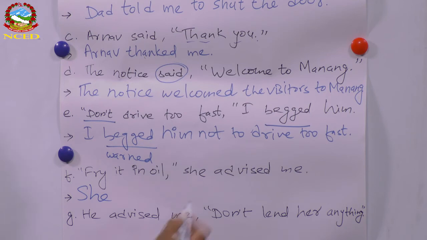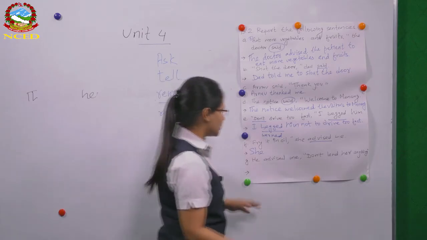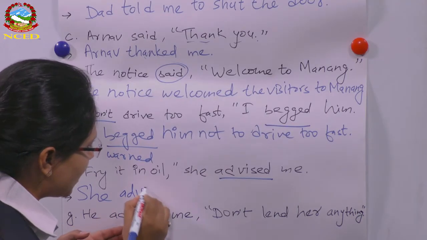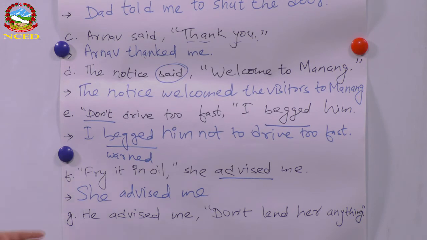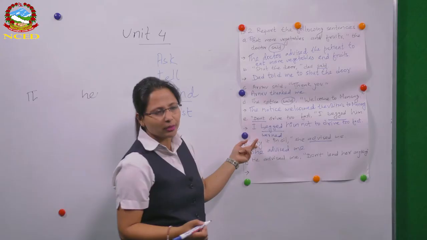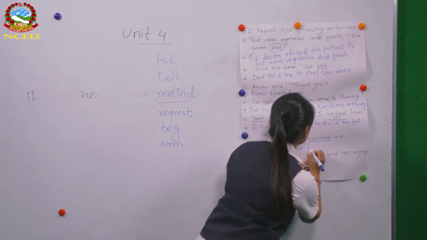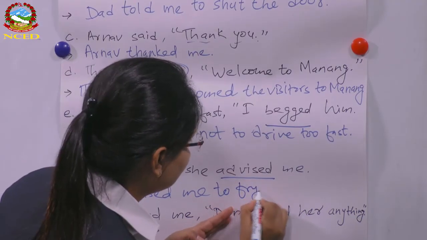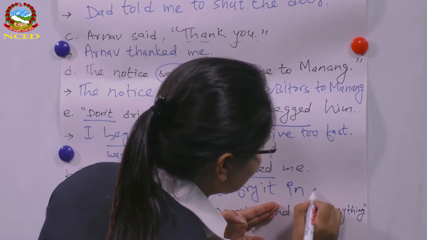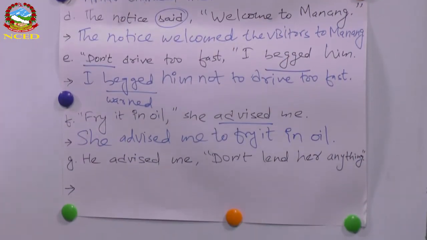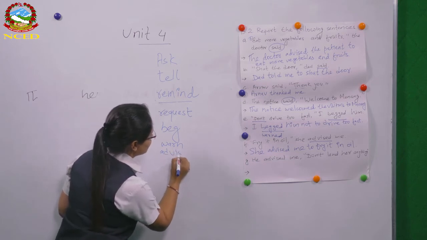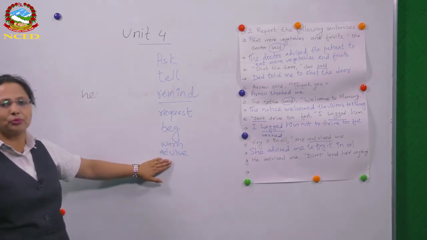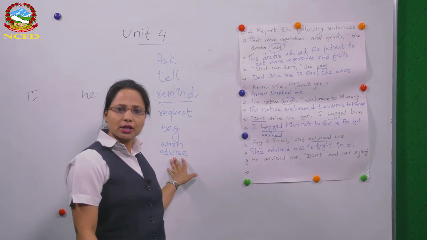See, advised itself is a reporting verb for command, so we don't need to change it. Advised me. And then what do we do? Yes, it is a simple, positive command. So, to fry it in oil. Advise is there in our list, so another kind of reporting verb we can use while reporting commands.